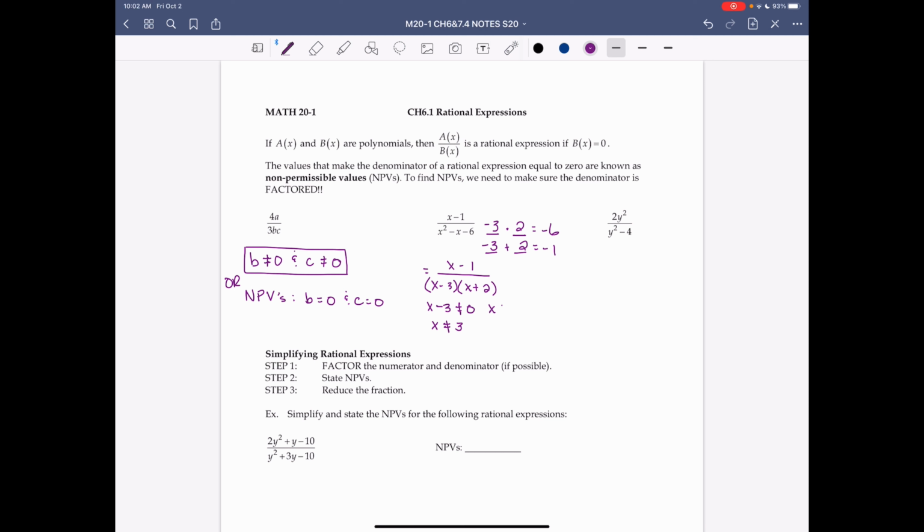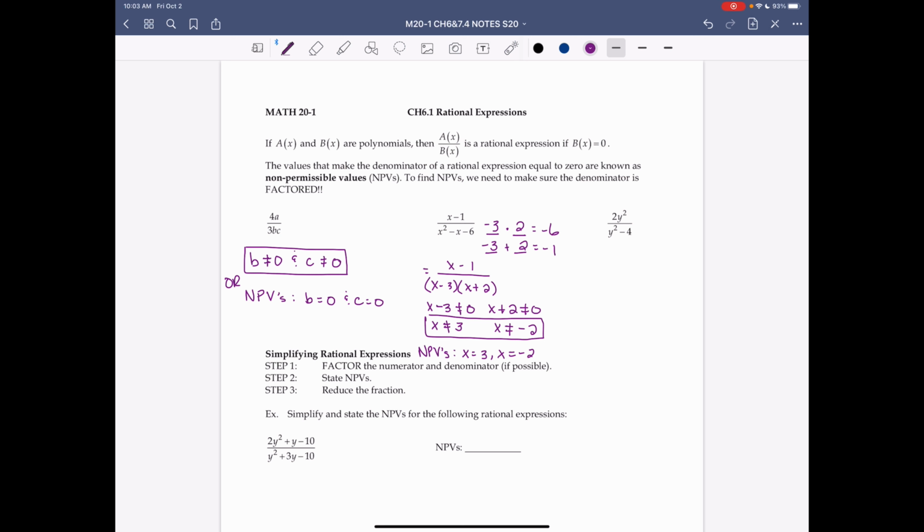And x plus 2 can't equal 0, which means that x can't equal negative 2. And again, you could also just write that as your NPVs are the values x equals 3 and x equals negative 2.